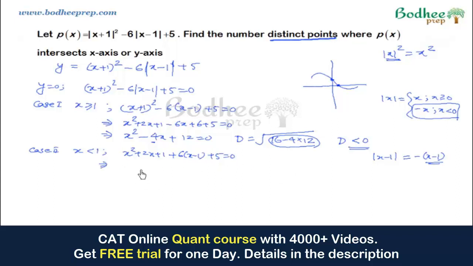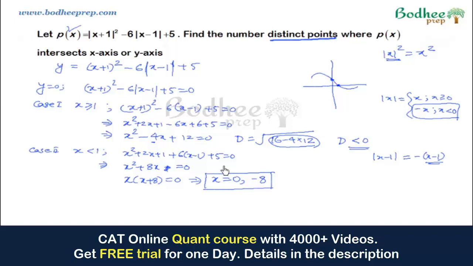Again opening it, it will be x square plus 8x plus 1 minus 6 plus 5, and everything will become 0. So this is equal to 0. From here we get the two values of x. One is x equal to 0 and one is x equal to minus 8. So these are the values of x where the graph of p of x is intersecting the x-axis.